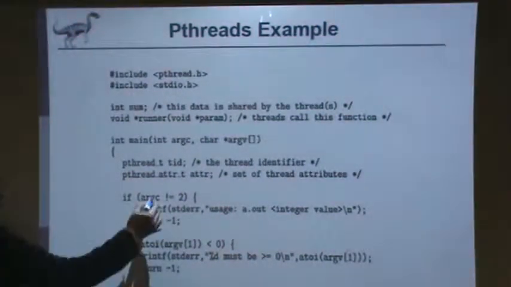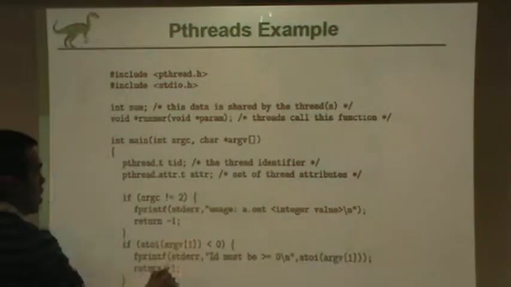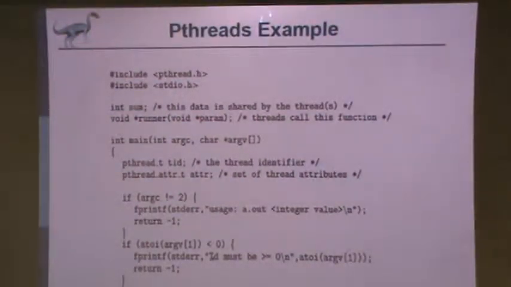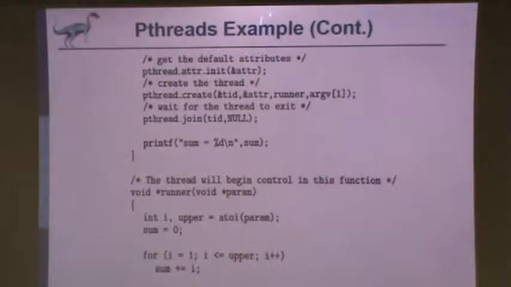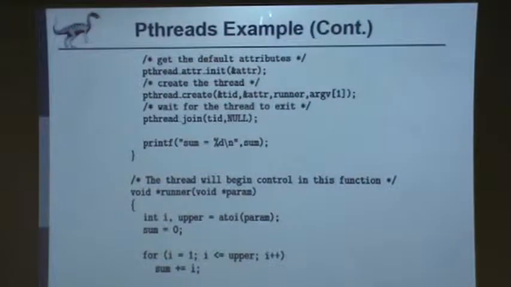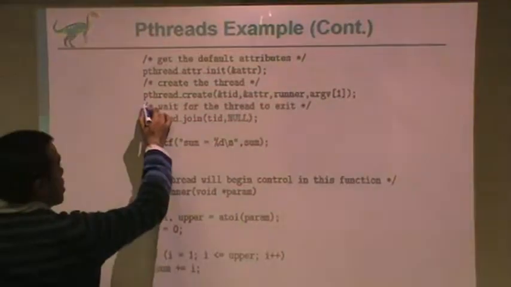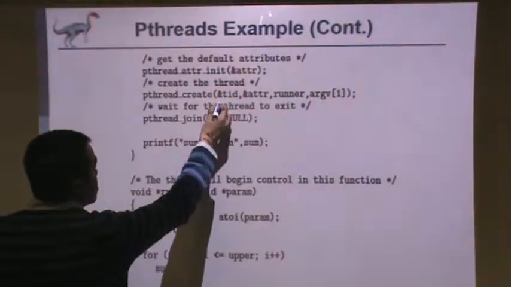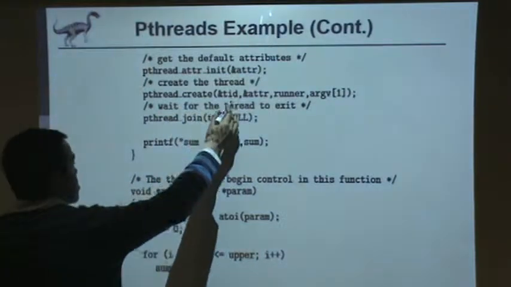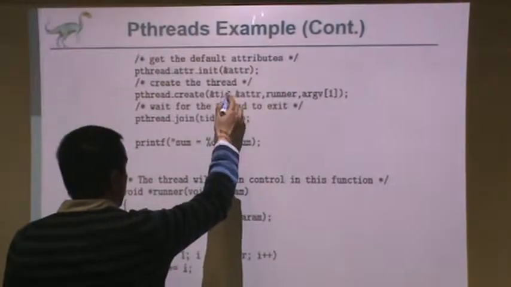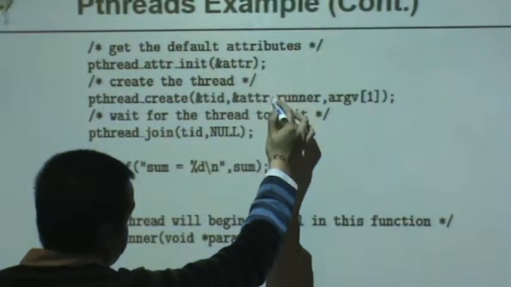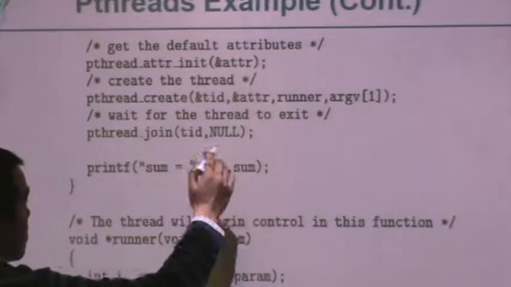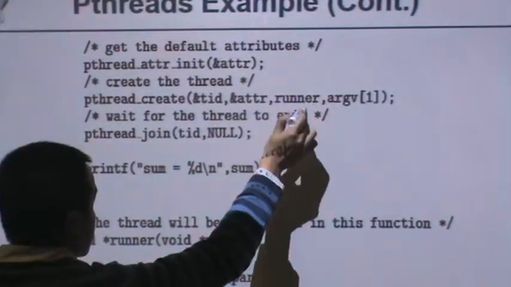So we get the ID and the attributes, because each thread has to have its attributes. Here, we create the pthread, and the parameters are the pthread ID and the attributes, also which method you want to use, and you pass the parameter to this method.